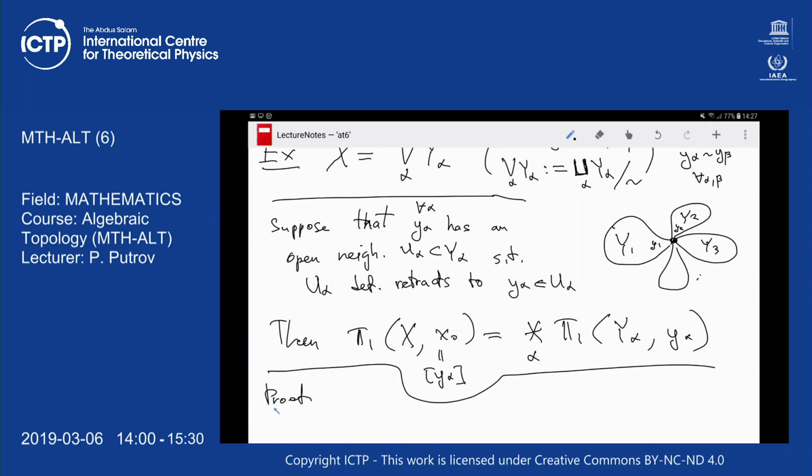So how do we prove this using Van Kampen's theorem? First we need to choose some open sets which cover space X. For each alpha, we choose the open set given by the wedge product of Y alpha with the wedge product of these open neighborhoods for all other indices.